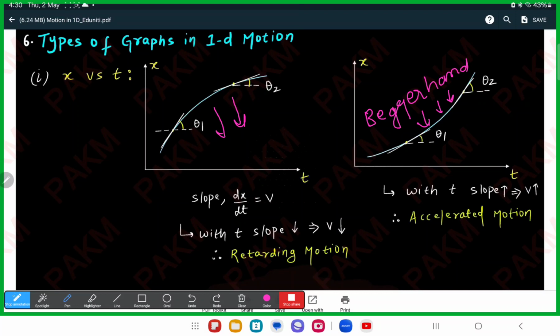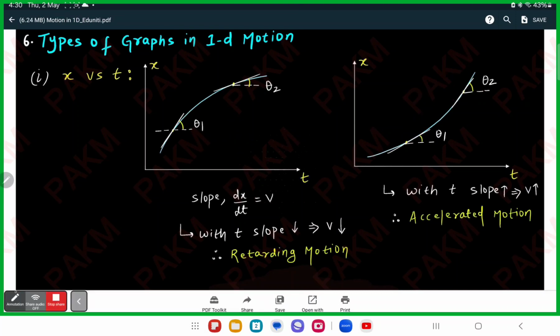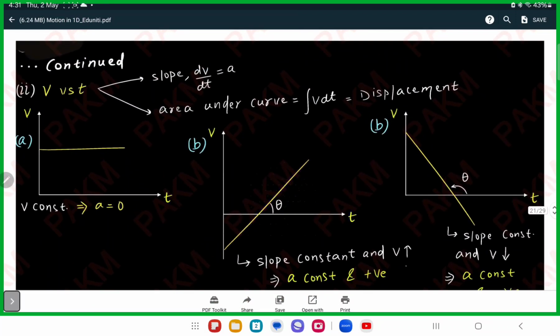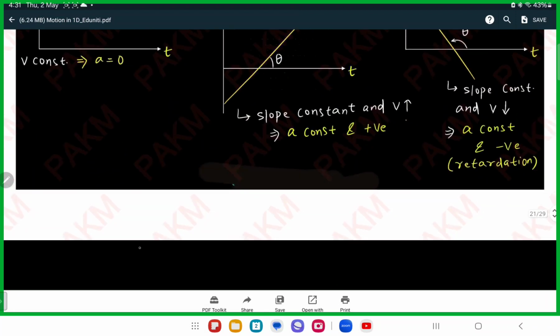Maybe my students are getting this point. This will be rising and this will be increasing. We can say this beggar's hand is increasing, and once we flip it, everything will fall down, meaning decreasing. That is retarding. So you can learn it this way. Now, this type of slope you have seen: constant line, rising line, and falling line.